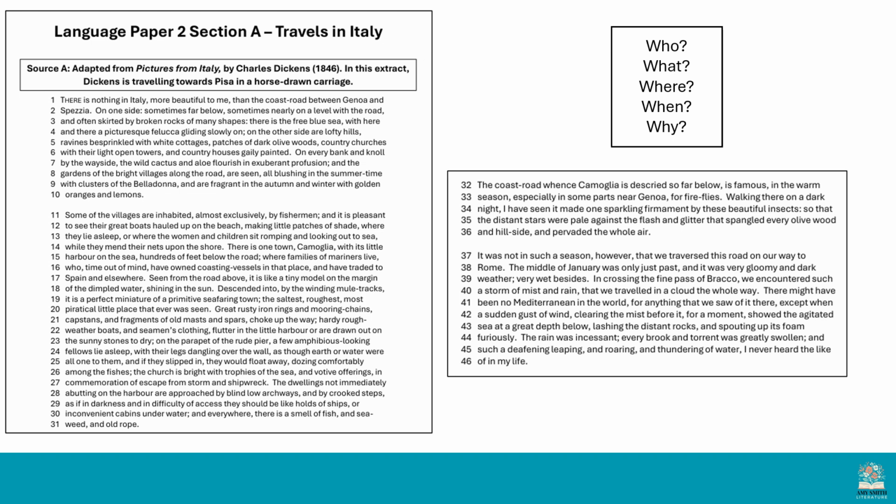Some of the villages are inhabited almost exclusively by fishermen, and it is pleasant to see their great boats hauled up on the beach, making little patches of shade where they lie asleep, or where the women and children sit romping and looking out to sea, while they mend their nets upon the shore. There is one town, Camoglia, with its little harbour on the sea, hundreds of feet below the road, where families of mariners live, who time out of mind have owned coasting vessels in that place, and have traded to Spain and elsewhere.